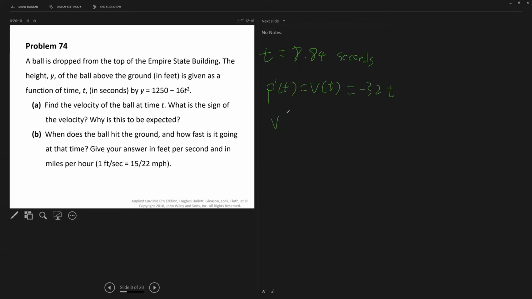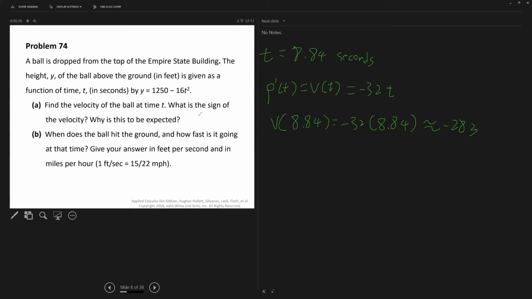So the velocity at 8.84 seconds is negative 32 times 8.84, which is about negative 283.